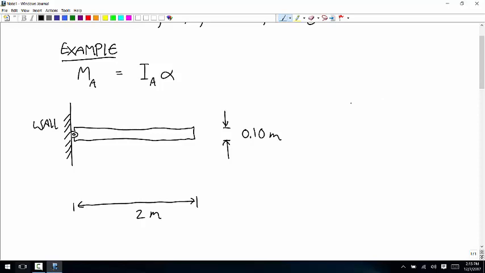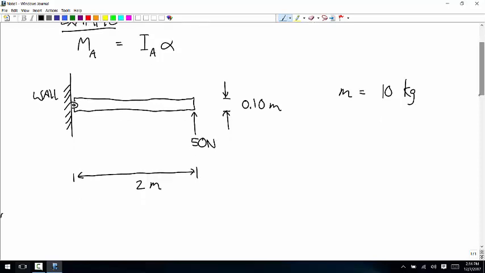And say the mass of this rectangle is 10 kilograms. And someone applies a 50 Newton force here. And we want to know what's the angular acceleration of the object.